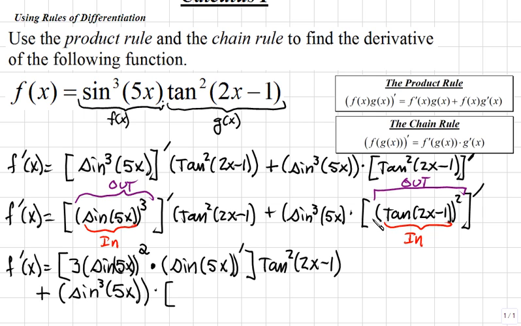The power would go down in front, and we would raise the expression to one lower power by subtracting 1. So 2 minus 1 would be to the first power. We'll leave the inside function alone, which will be tangent of 2x minus 1. However, from the chain rule, we need to multiply this by the derivative of the inside function, which we'll write as the derivative of tangent of 2x minus 1.